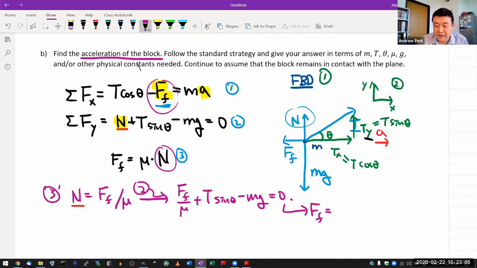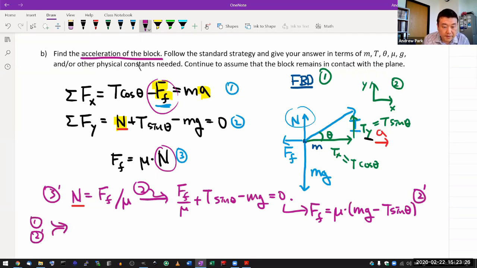That's going to be mu times mg minus T sine theta. Let me call this equation 2 prime. Plug that into equation 1. So from equation 1 and 2 prime, this is what we end up getting.